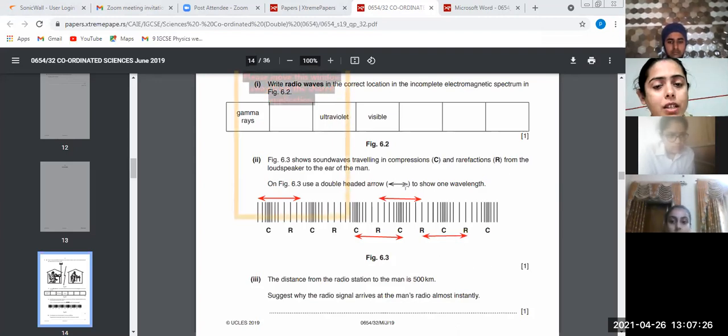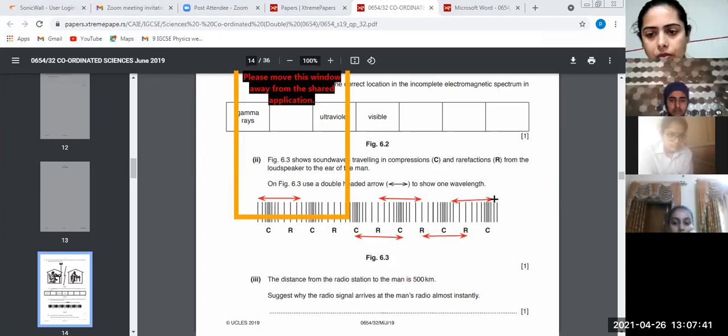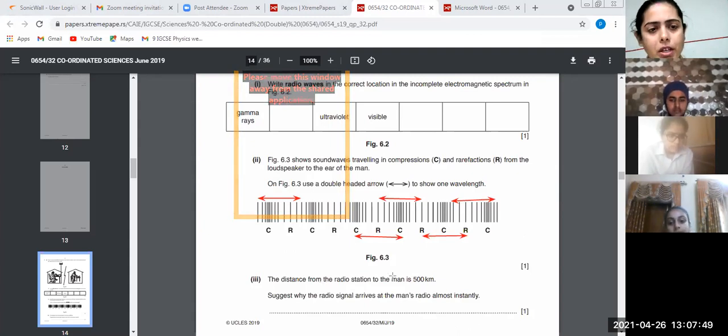And they say that use the double-headed arrows. So go with that. Hands in also. Any doubt? No, ma'am. Okay, so these are the different ways the student can opt. So anyone is going to be correct.